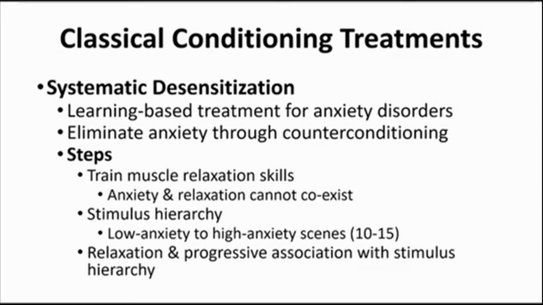But if you train someone to go through muscle relaxation, to practice deep breathing, to focus on calming themselves, you can't be both anxious and relaxed. They can't coexist. So you're overriding or counter conditioning your body to have that relaxation, that relaxing response to something that previously had made you anxious.